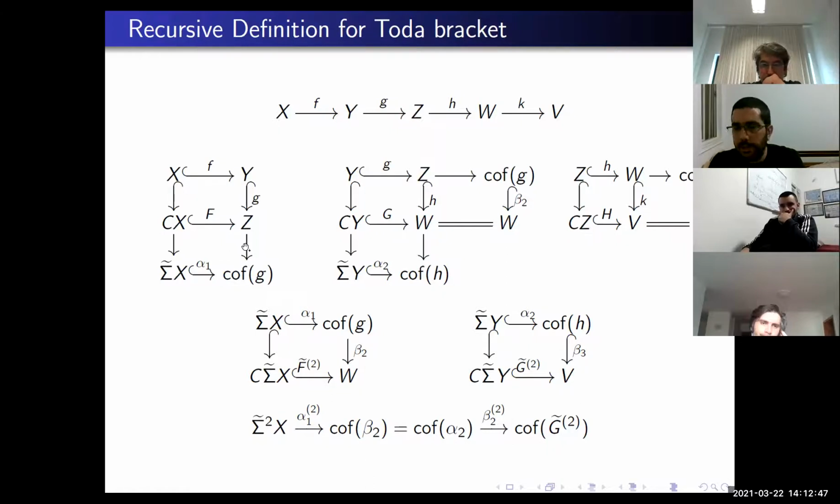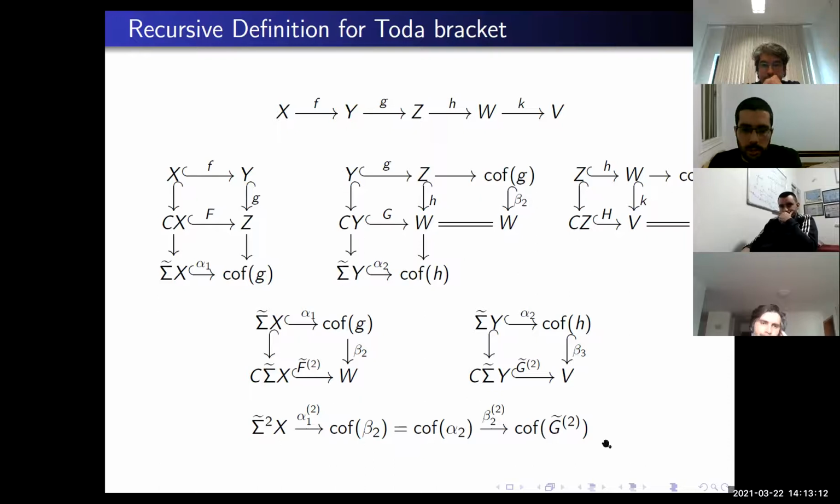I make everything cofibrant, and I apply cofiber instead of the model of homotopy cofiber I did before, because I want this fact: here we have a square, and I apply this cofiber on this side, and then on this side, when I take the cofiber of this and the cofiber of this, it is the same.